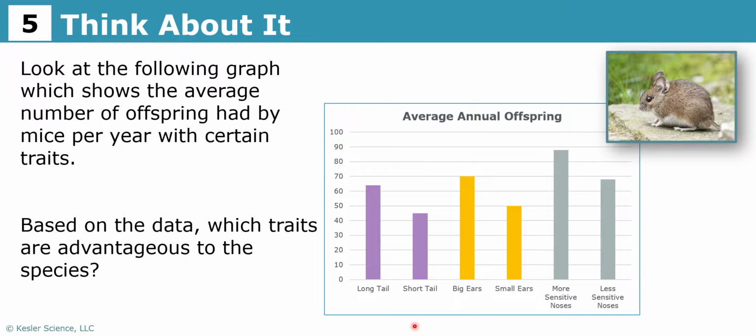So if I'm thinking about the more fit individuals will live longer because they have an advantage, the less fit individuals will live a shorter amount of time because they're at a disadvantage, I can reasonably infer that the traits that are most advantageous are long tails, big ears, and sensitive noses. This is a reasonable deduction from the data.